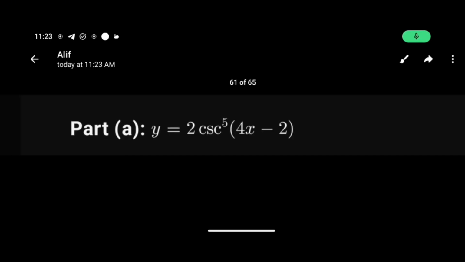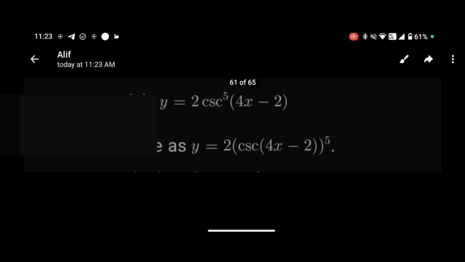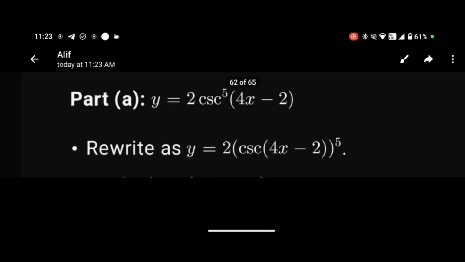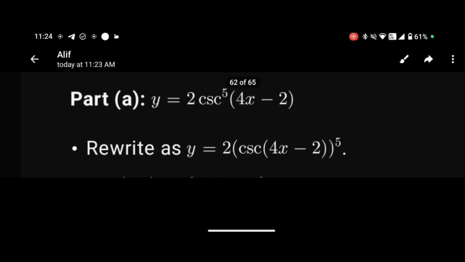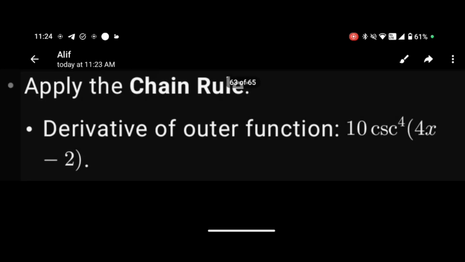Okay, let's solve the derivative of this question. First, rewrite as y equals (2 cosec(4x minus 2)) to the power of 5. We apply the chain rule, so we take the derivative of the outer function, which is 10 cosec(4x minus 2) to the power of 4. The 2 inside is a constant, and we treat cosec(4x minus 2) as u.